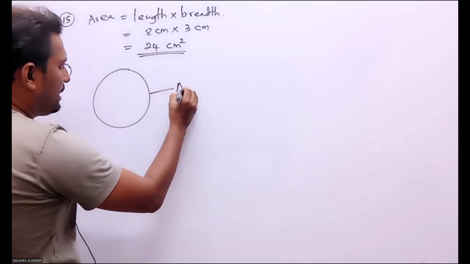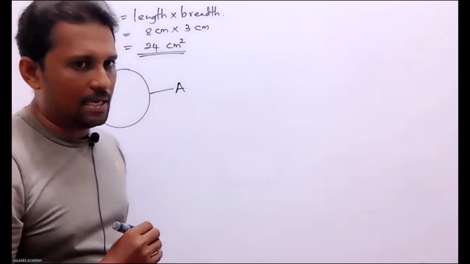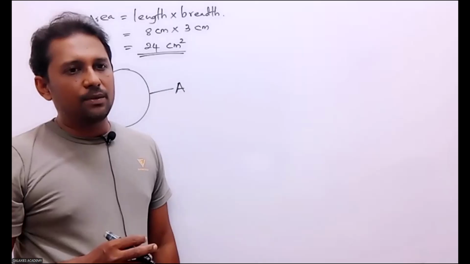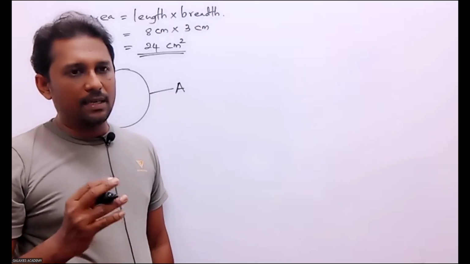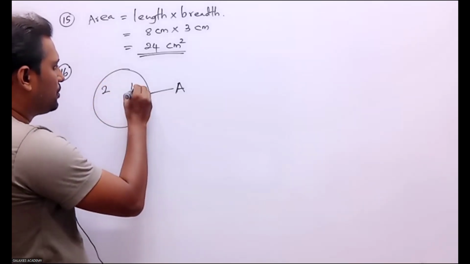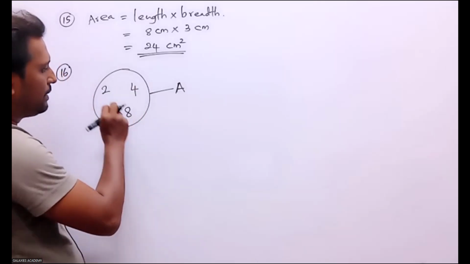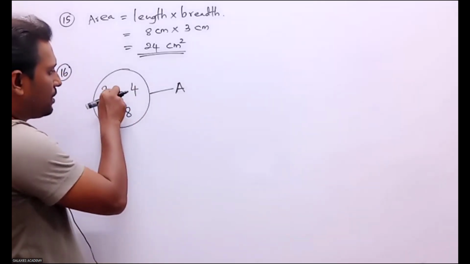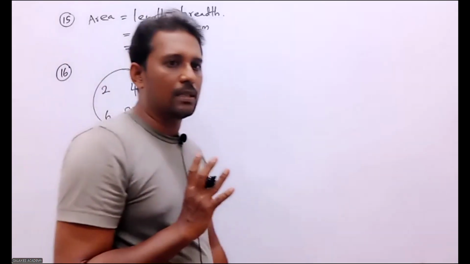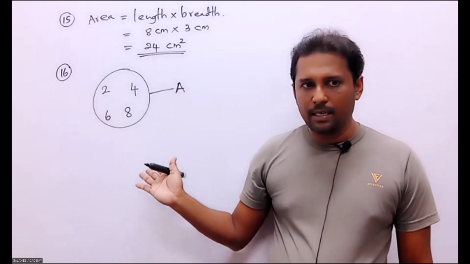Then you name it. The set name is capital A. Then, from the descriptive method, even numbers between 0 and 10, you write the elements: 2, 4, 6, 8. When you write the elements in a Venn diagram, don't put a comma between two elements. This is the answer, the Venn diagram representation.